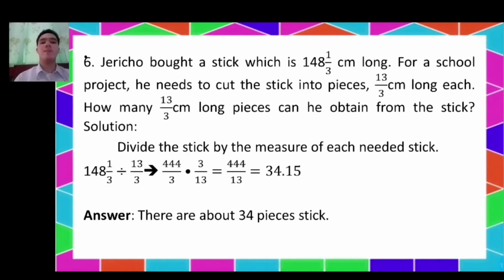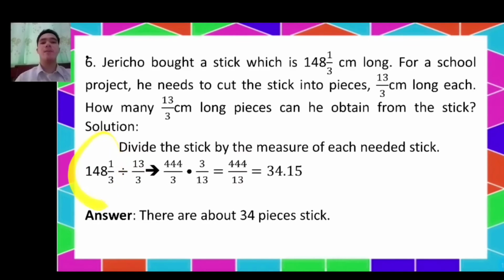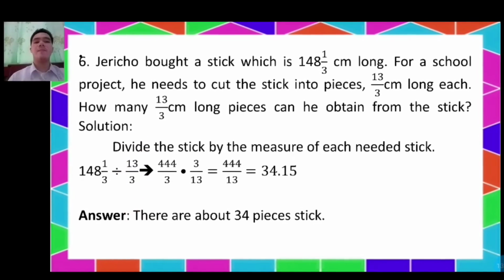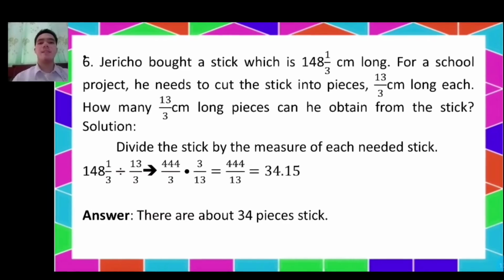So to make it possible, you have to divide the stick by the measure of each needed piece. So the total measure of the stick, we have 148 and 1/3, divided by the measure of each piece of stick.